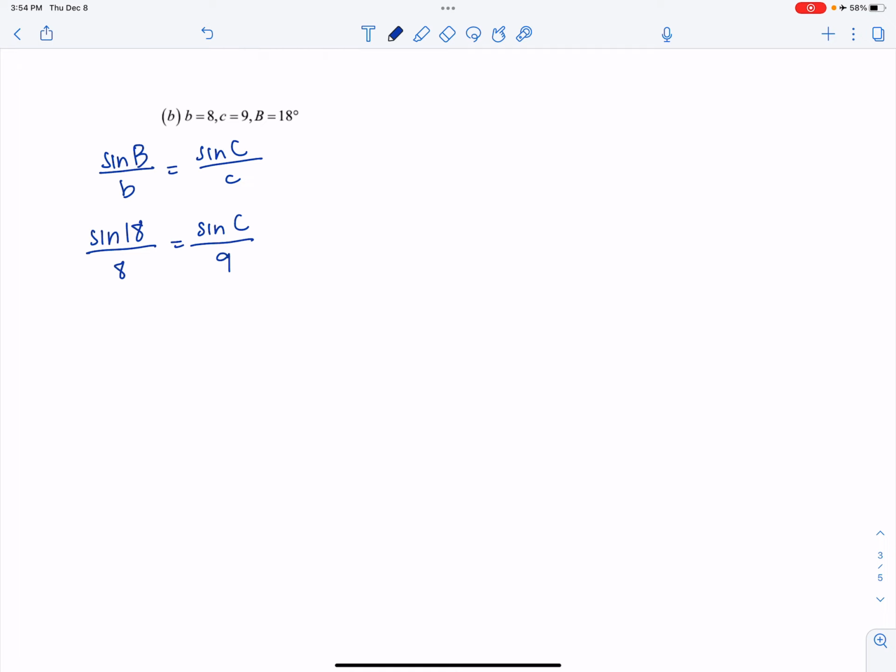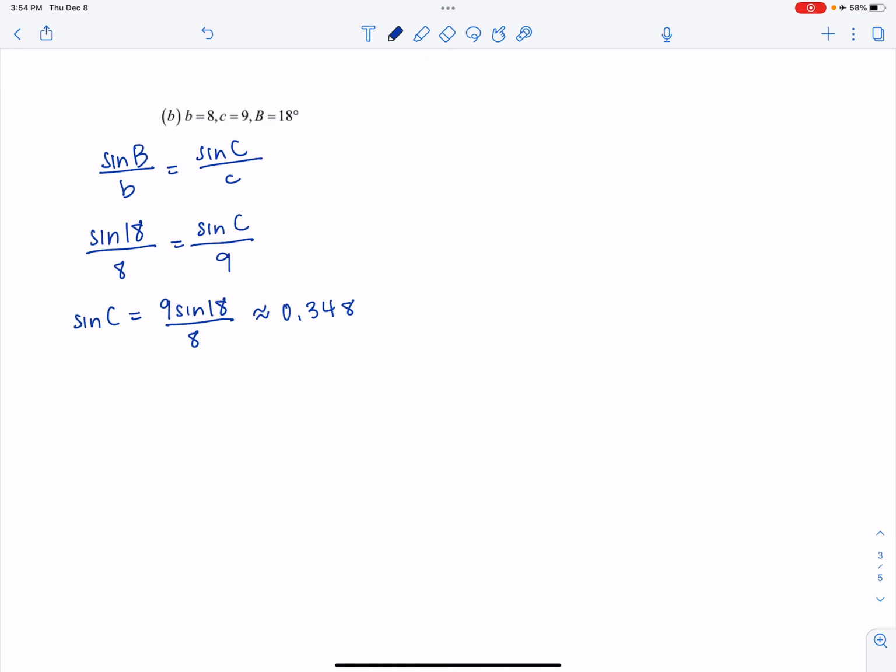Through cross multiplication, sine C equals 9 sine 18 over 8, which is approximately 0.348.